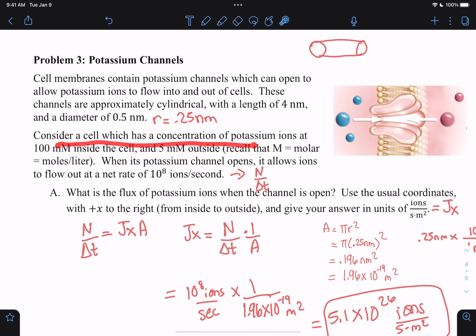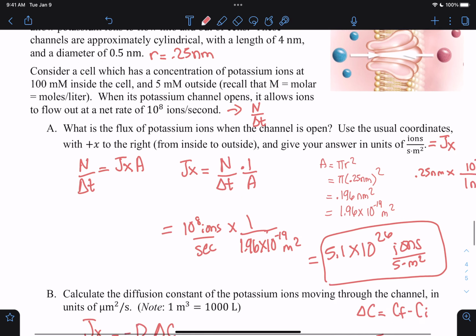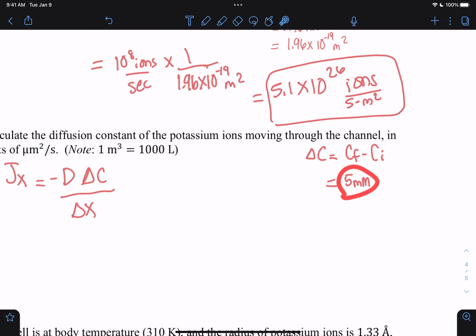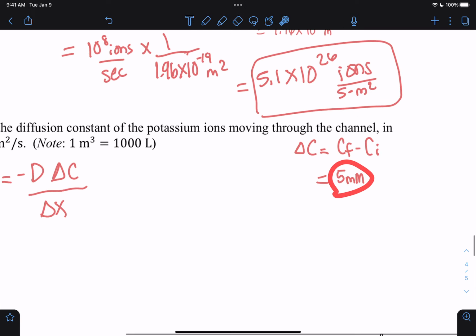Consider a cell which has a concentration of potassium ions at 100 millimolars inside the cell and 5 millimolars outside, right? So when the potassium channel opens, it allows ions to flow out, right? So we can basically say that for final here, at least in terms of moving outside, we want to move outside for the final.